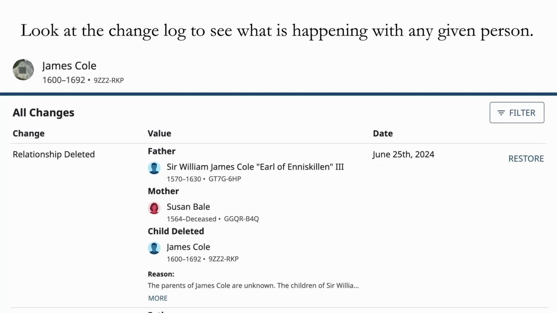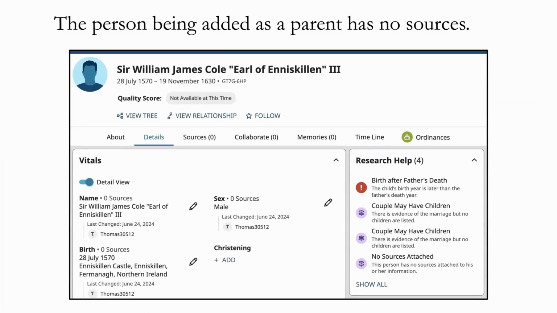He was supposedly born in 1570. Quick search on the family tree shows the child's birth is later than the father's death. So that's kind of a problem with this, obviously, but we won't worry about that right now. The question is, why are we adding this Sir William James Cole, who is supposed to be the Earl of Enniskillen in Roman numeral 3?